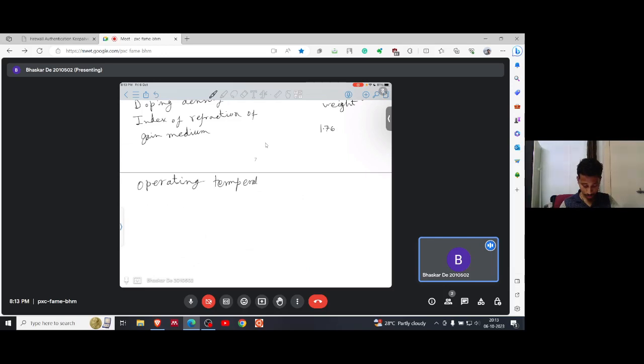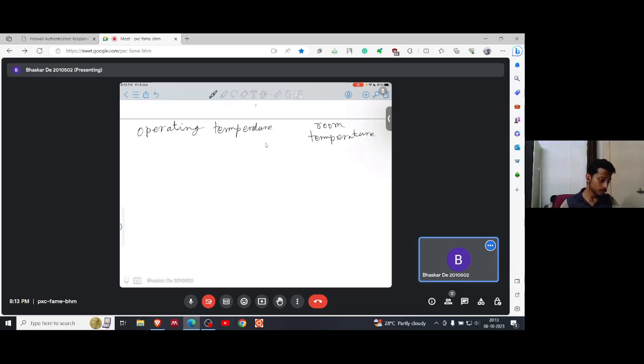Operating temperature is room temperature. Pumping method, flash lamp; pumping band is 404 nanometer and 554 nanometer.